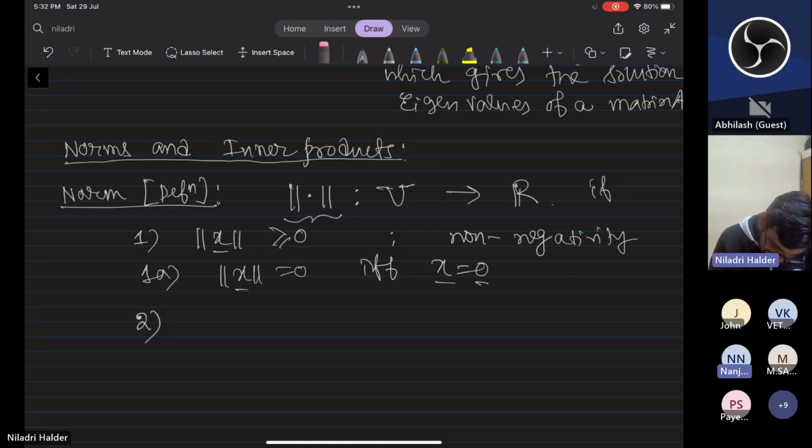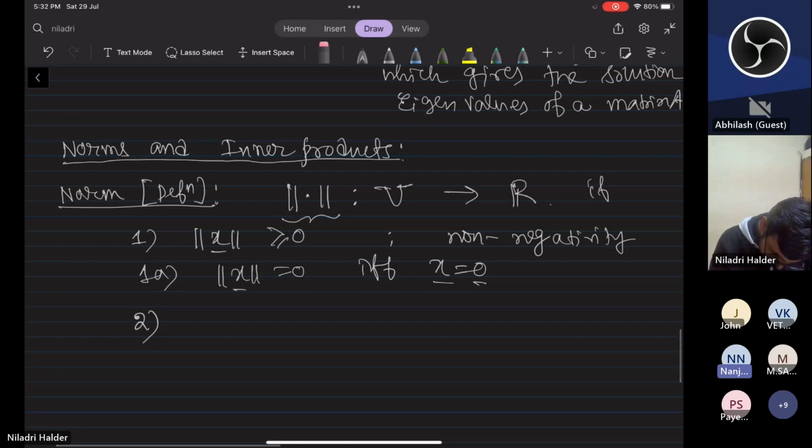Number two, norm of cx equals mod c times norm of x.